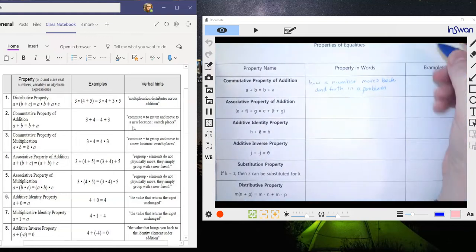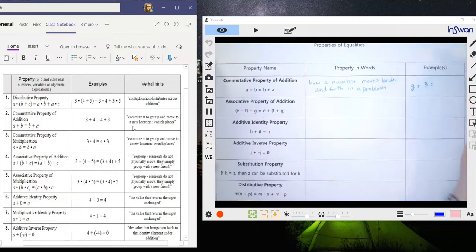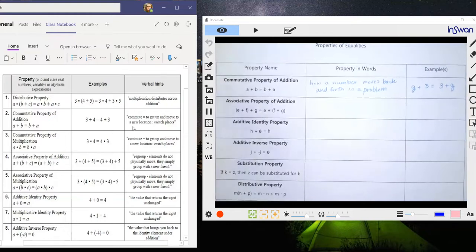And then I could say something like g plus 3 is equal to, and I can change their positions, 3 plus g. And sometimes we do commutative property just to make things easier to deal with. For example, if we had 10 plus g plus 3, we might rearrange g plus 3 to become 3 plus g. So we had 10 plus 3, then added to g.